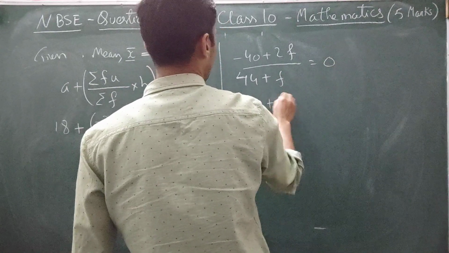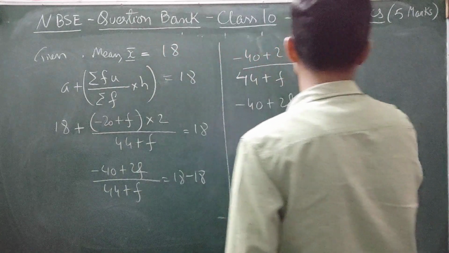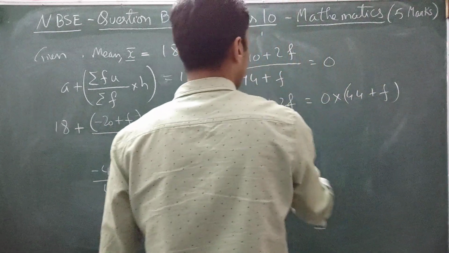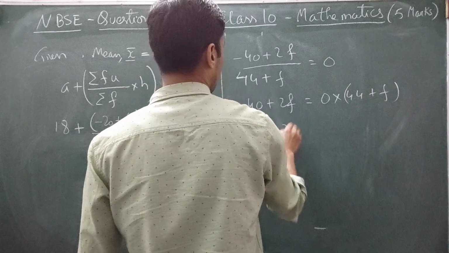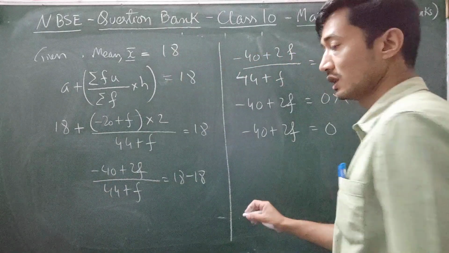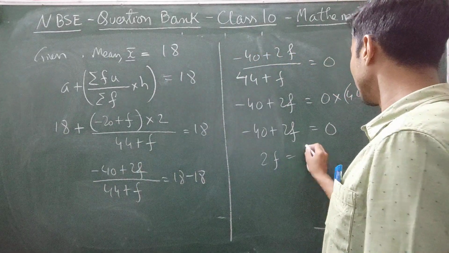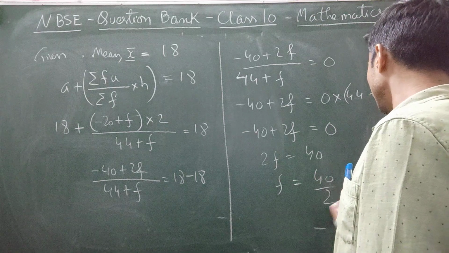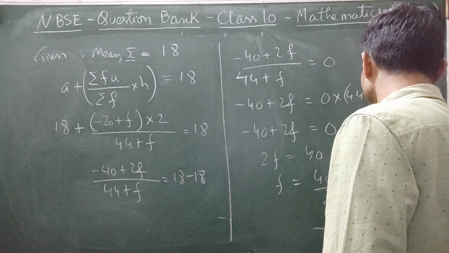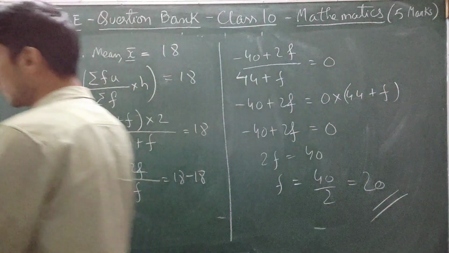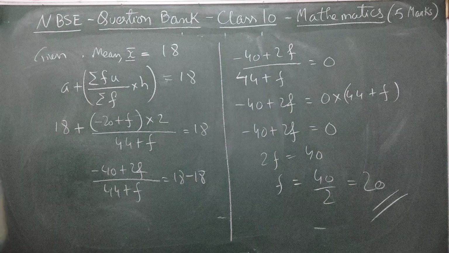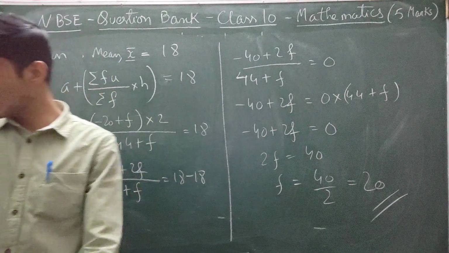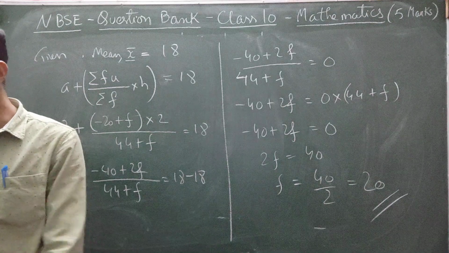So minus 40 plus 2f is equal to 0 into 44 plus f, so minus 40 plus 2f is equal to 0. 2f is equal to 40. f is equal to 40 divided by 2. How much? 20. So the missing frequency f is how much? 20. Alright, so that's the last part which we have finished.